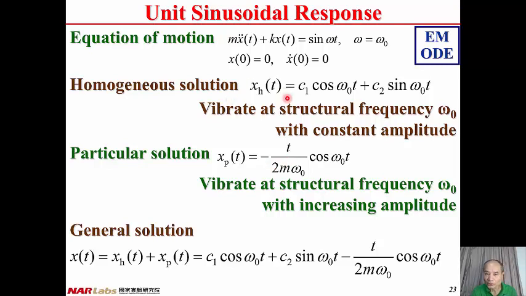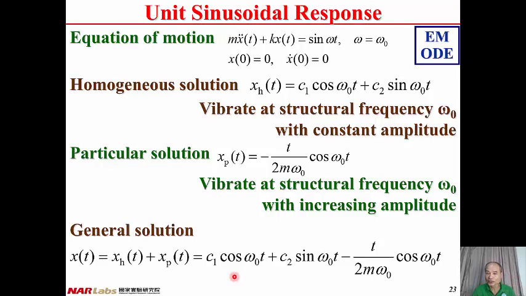From the homogeneous solution and the particular solution, we combine these two together, and we can have the general solution equal to c1 cosine omega 0t plus c2 sine omega 0t minus t divided by 2m omega 0 cosine omega 0t. Therefore, the displacement vibrates at only one frequency.